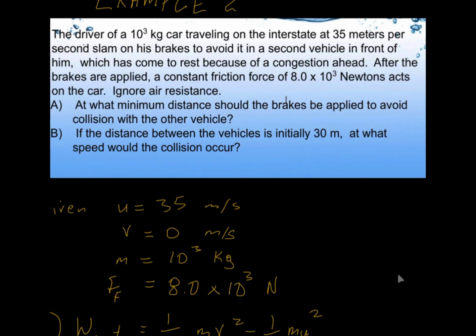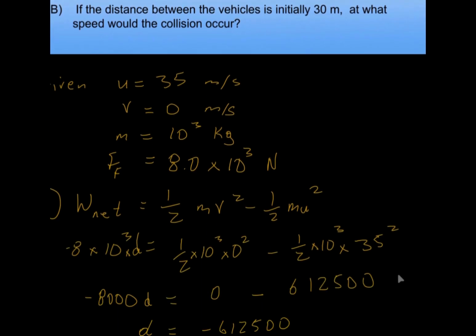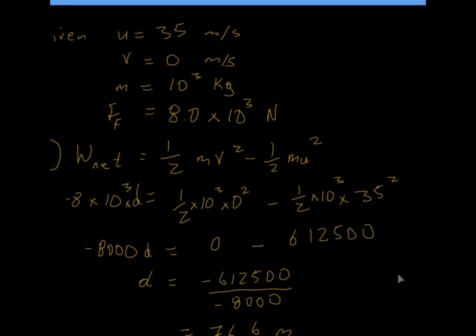Here, using our formula, W net is equal to half mv squared minus half mu squared, and plugging in the information, substituting negative values for friction, negative 8.0 times 10 to the 3.